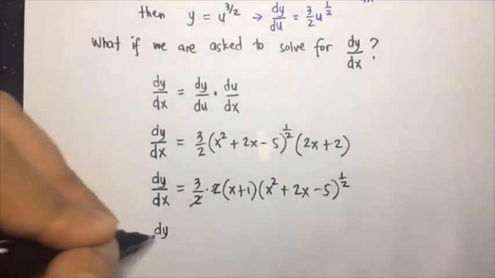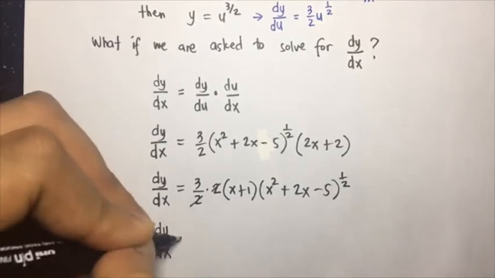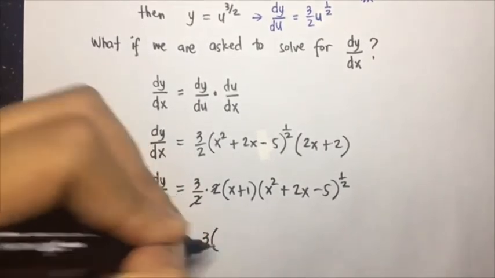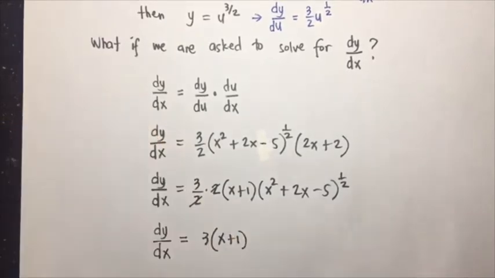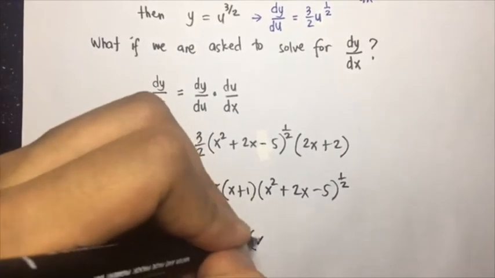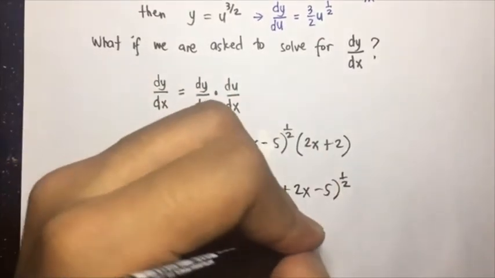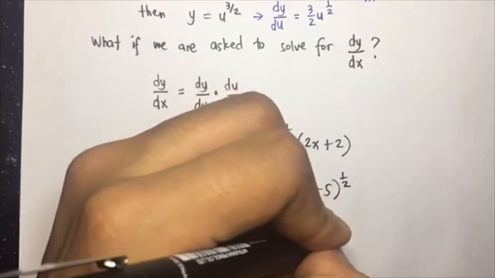Simplifying, our dy over dx is equal to 3 times (x plus 1) times (x squared plus 2x minus 5) raised to 1 half.